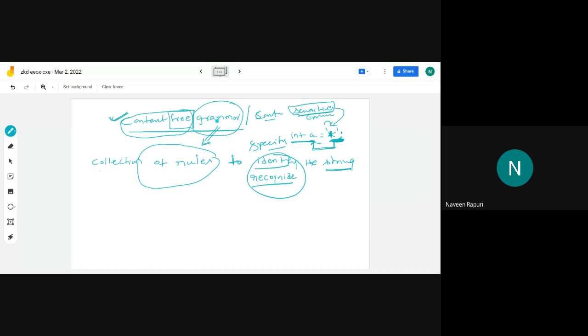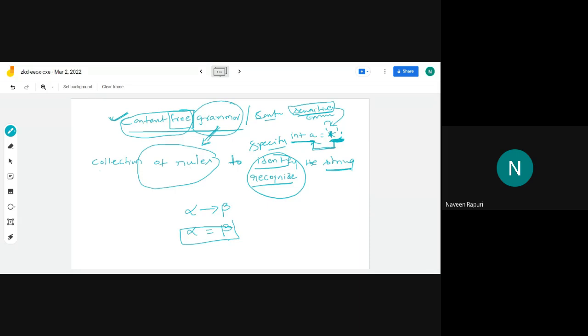Coming to the grammar, the format of grammar is like this. Alpha derives beta. It is also written as alpha equals beta. This is also the meaning of alpha derives beta, sir.